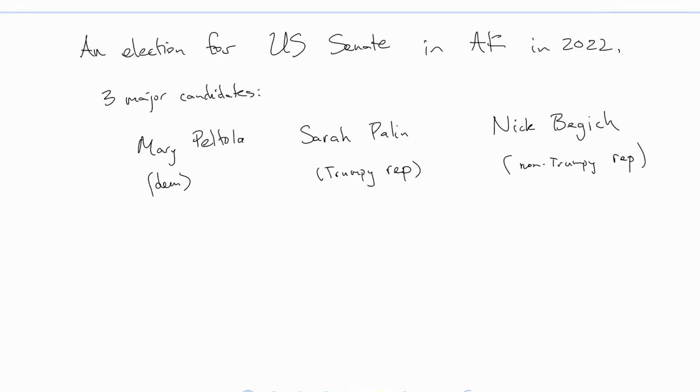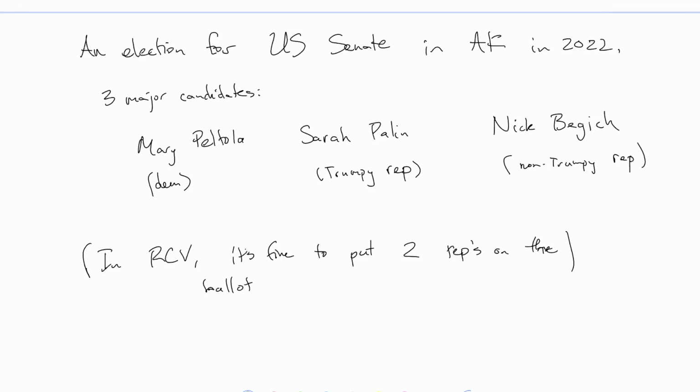So anyway, let me just say, parenthetically speaking, in ranked choice voting, it's fine to put 2 Republicans on the ballot. The fact that there are 2 Republicans on there does not hurt their chances. In a plurality system election, putting 2 people of the same party on the same ballot definitely hurts them a lot. But in ranked choice voting, it does not hurt them to put them both on the ballot together.